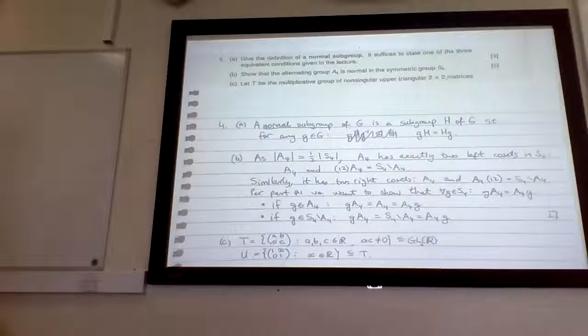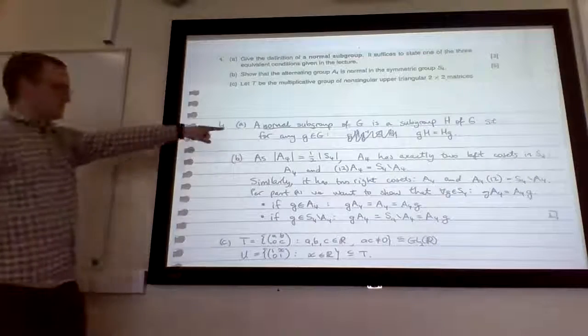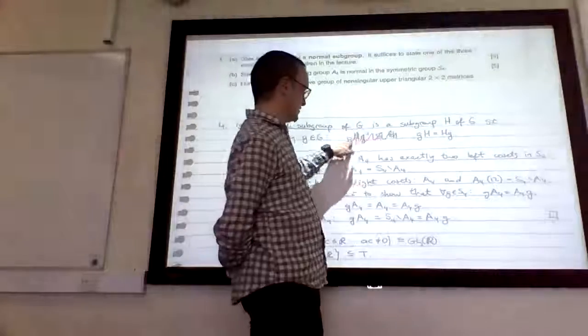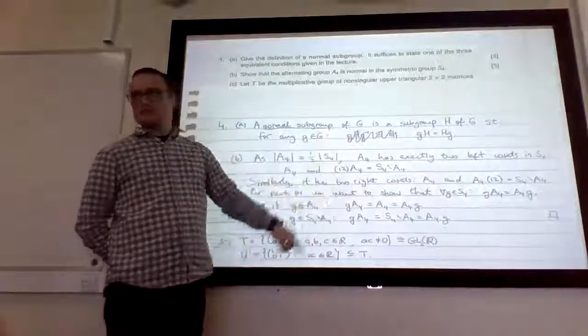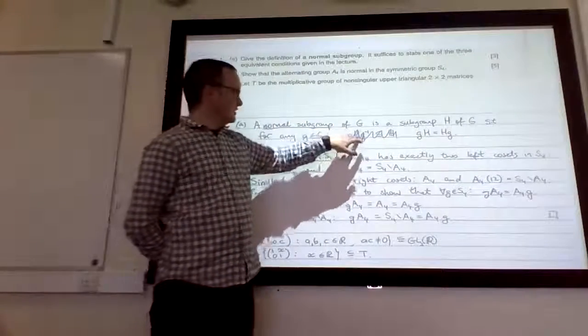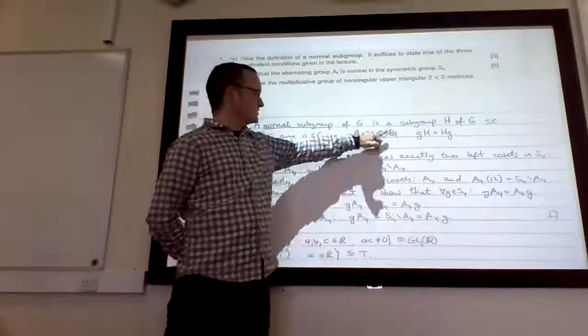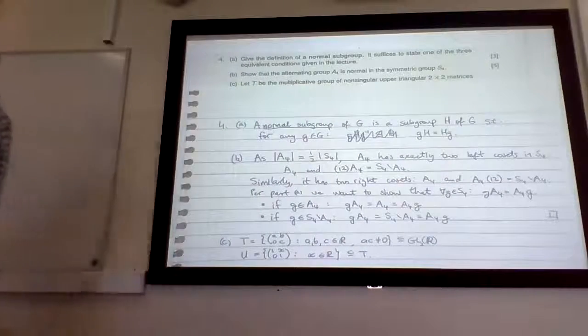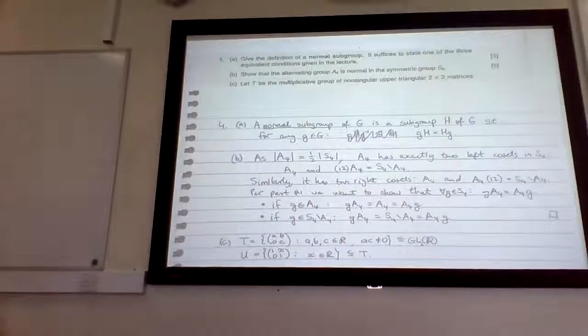You could have had another, one of the alternative equivalent conditions: the conjugate of H by the element g is contained in H. It's actually going to be equal to H, but contained in H is all you have to prove. So that's fair enough.